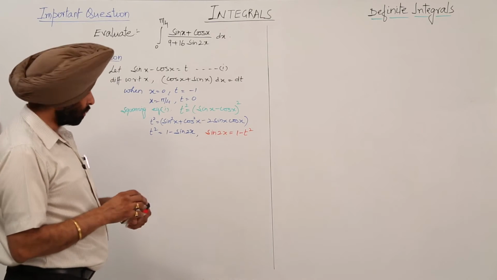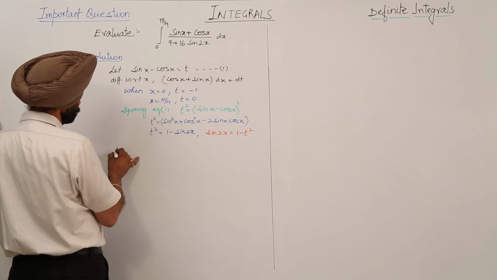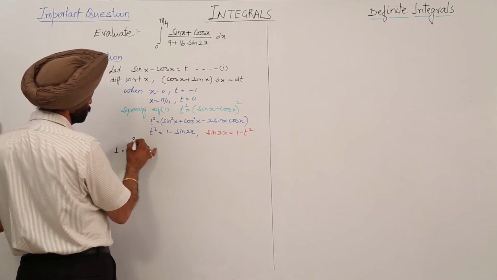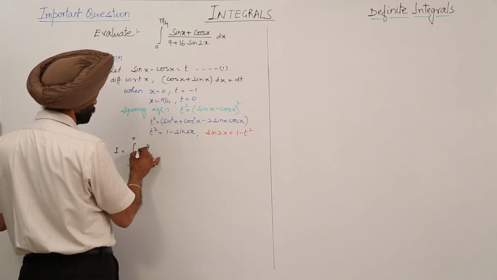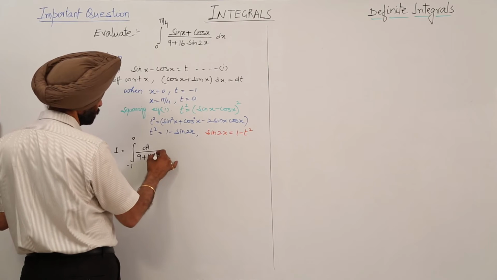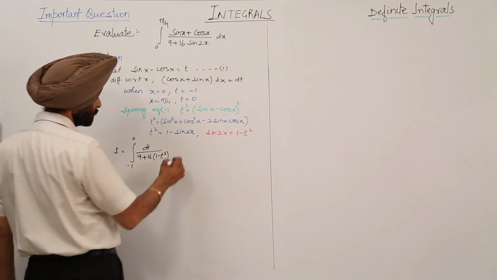Now let's put all the values in the question. The question becomes integral from minus 1 to 0 of dt upon 9 plus 16 into (1 minus t square), okay.